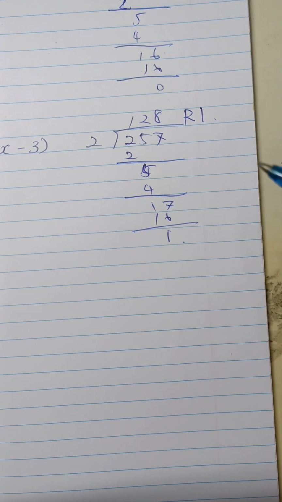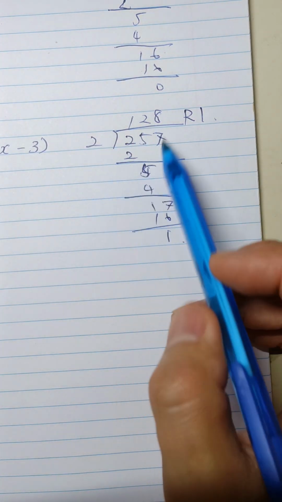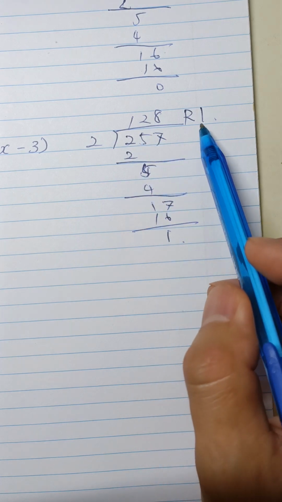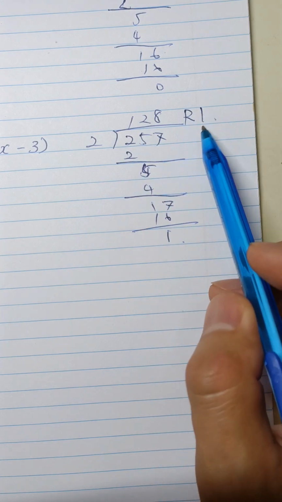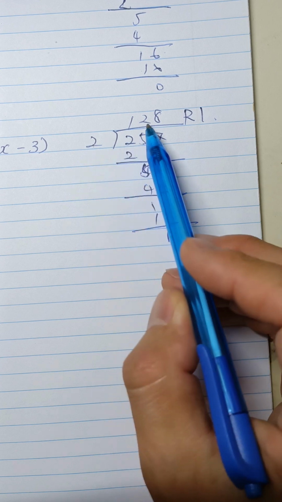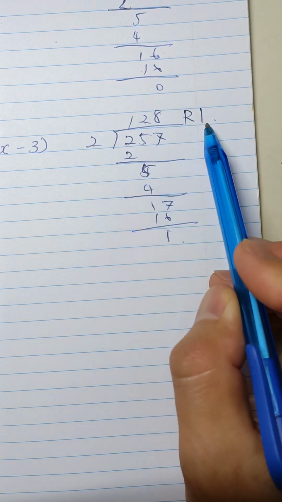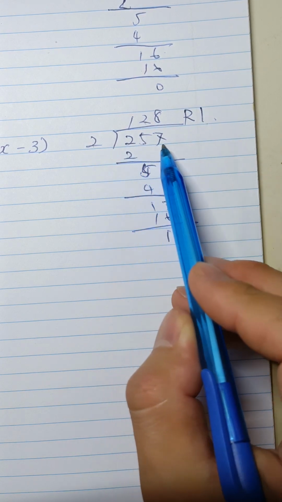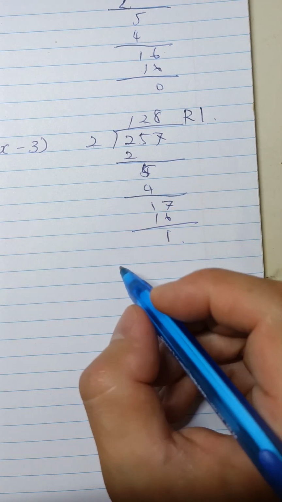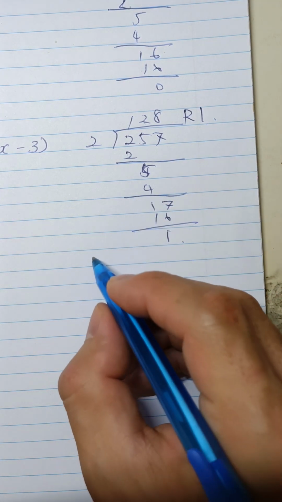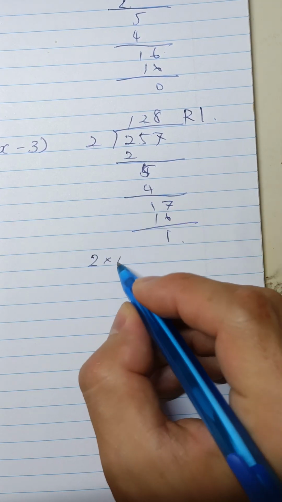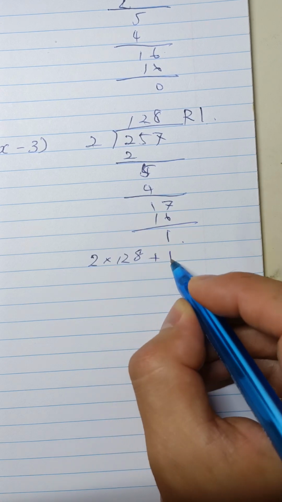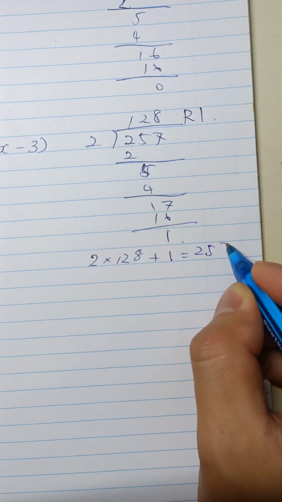Then when you look at the division which has a remainder, it means this times this plus this is 257, isn't it? So if I write this one, 2 times by 128 plus 1 is 257.